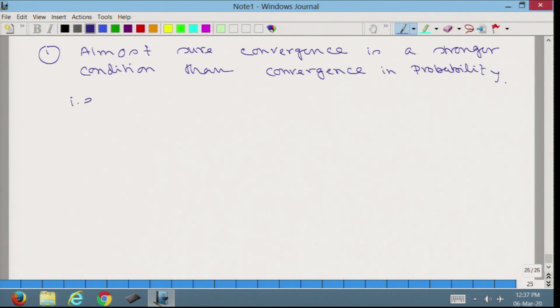That is, if X_n converges almost surely to X, then X_n converges in probability to X, but not vice versa.